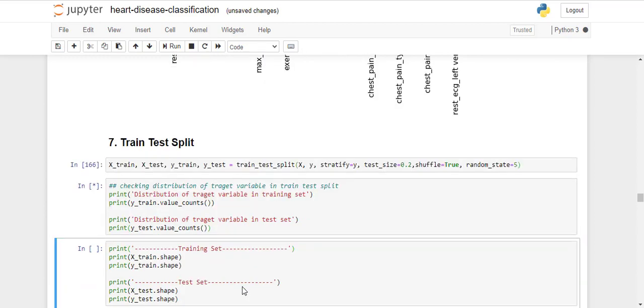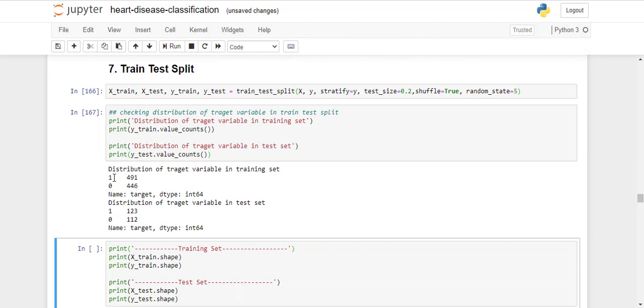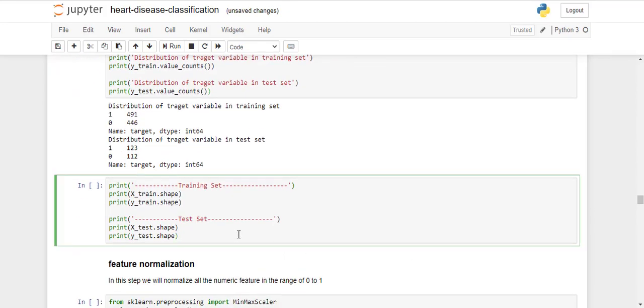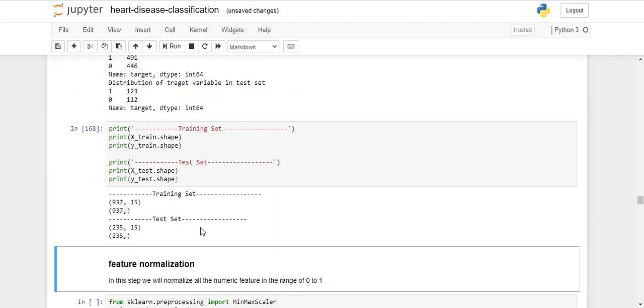In the training set 491 are heart patients and 446 are normal patients, and in the testing set we have 123 heart patients and 112 normal patients. That's quite similar, so good. If you check the shapes, we have trained on 937 records with 15 features, and are testing on 235 records.